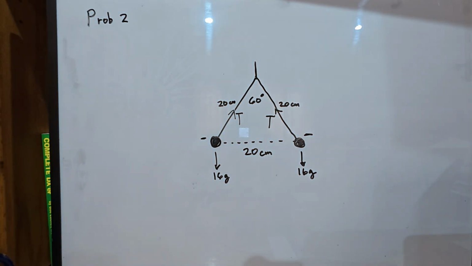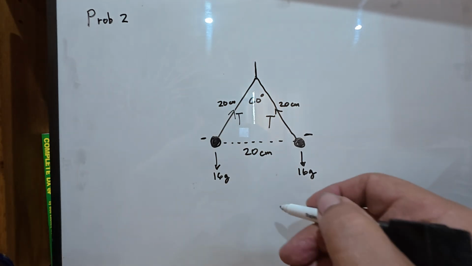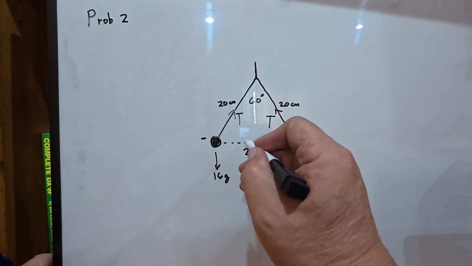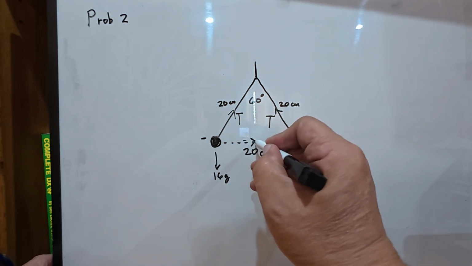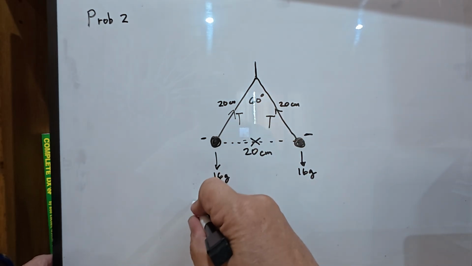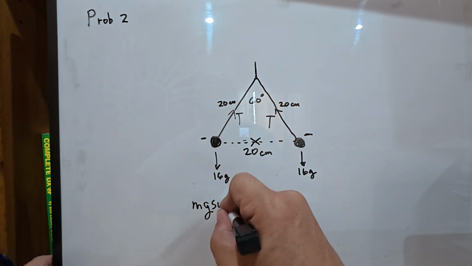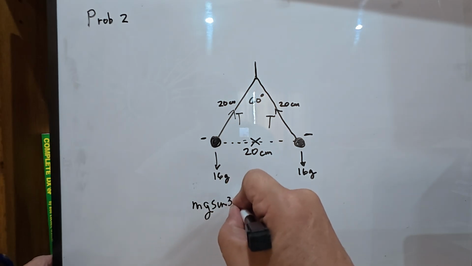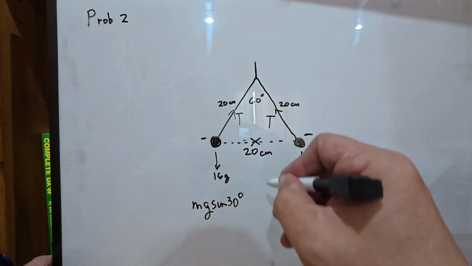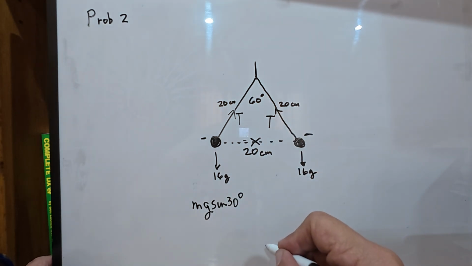So what does the geometry tell us? So the geometry tells us that this horizontal force is going to be mass times acceleration of gravity times the sine of 30 degrees, which is the half angle between the two of them. And that is going to be a force in newtons.